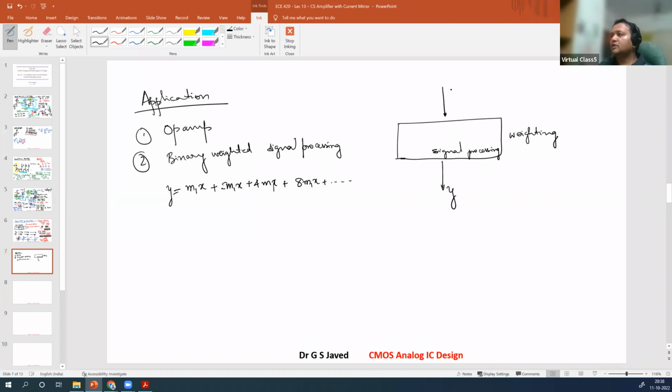This is your input as x. So what is your weighting function? Your weighting function is m1, 2m1, 4m1, 8m1, etc. So you are only getting this input x, but you need to generate the outputs. So what you can do for a weighting function, you can say I will create a current source. So this is going to be m1. And I'll have another current source saying 2m1.